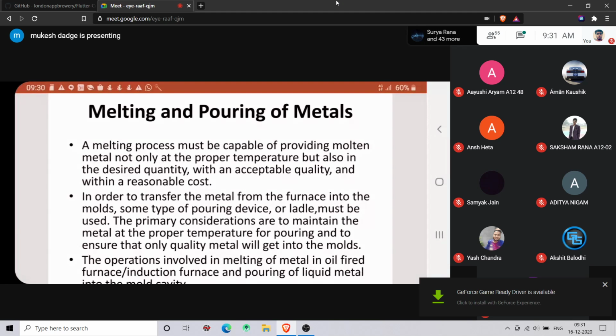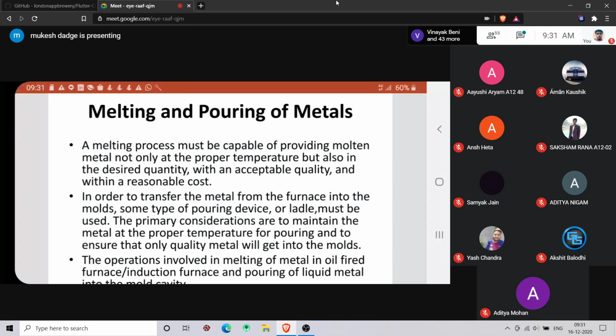In order to transfer the metal from the furnace to the mold, some type of pouring device or ladle must be used. The primary concerns are to maintain the metal at a proper temperature for pouring and to ensure that only quality metal gets into the mold.